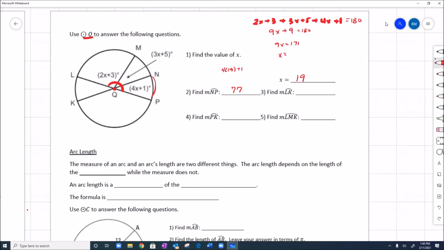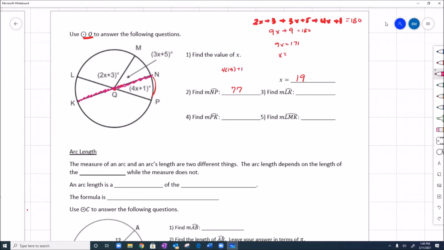Okay, for LK, as we look at LK, it's here. You might be like, well, there's no values here, but notice KN is also a diameter, right? So it's 180 degrees here. So what we will see, a couple different things we could see. I'll point out something that hopefully reminds us of first semester a little bit, is that you'll notice that we have some vertical angles here.